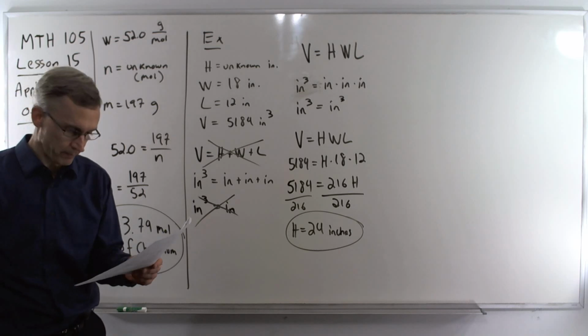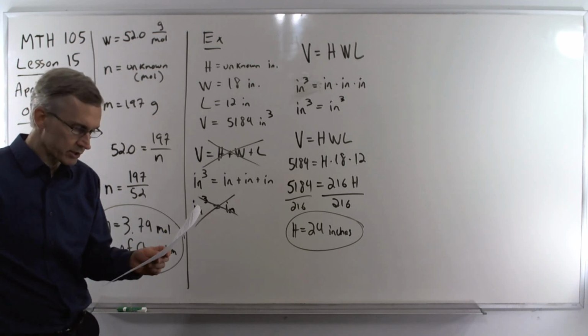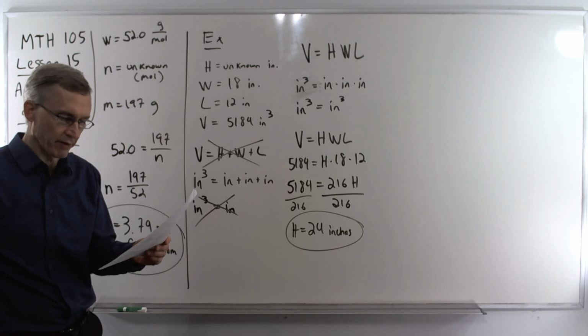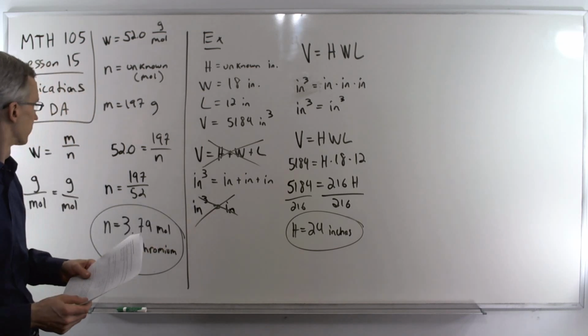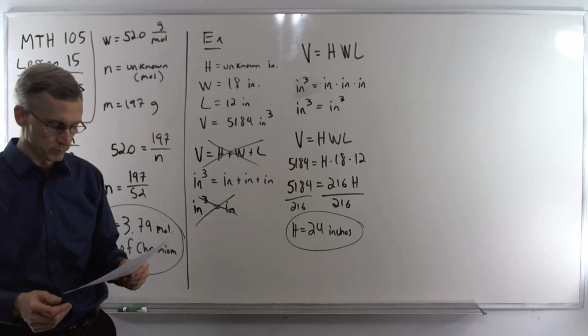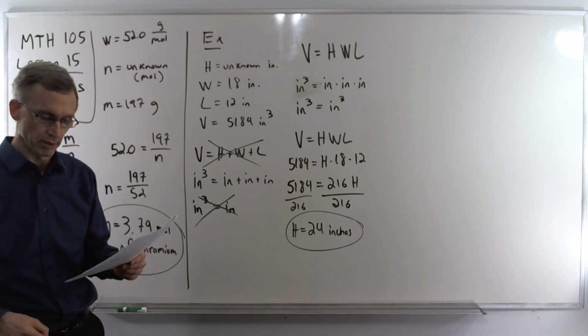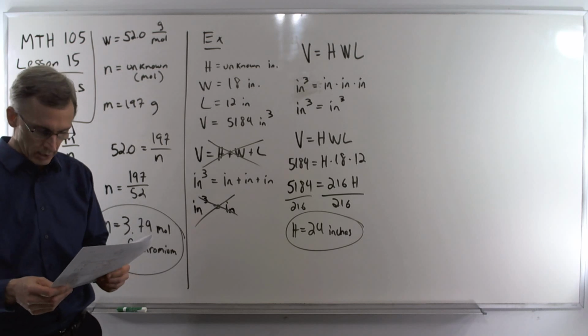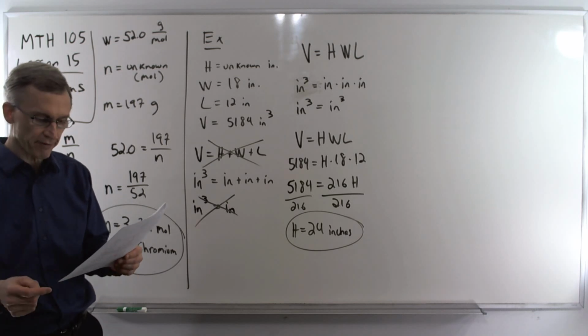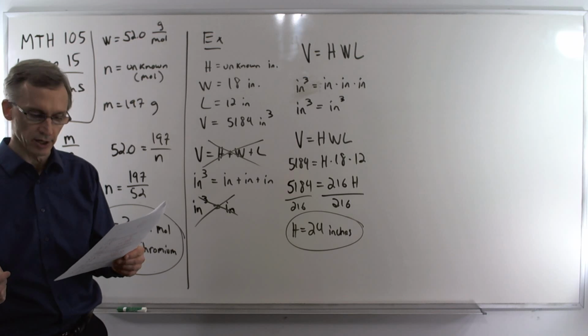Your turn number 4. Some quantities don't have single units. They have units that are made up of a combination of single units. We've seen these with rates: speed, meters per second, miles per hour, something like that. And acceleration, a measure of how fast the velocity is changing.